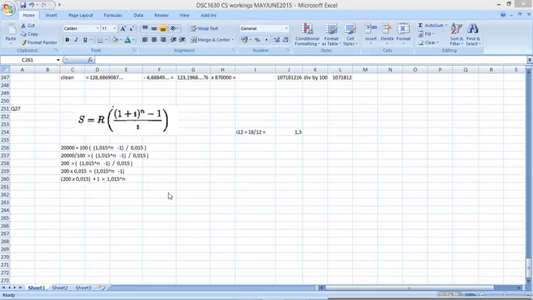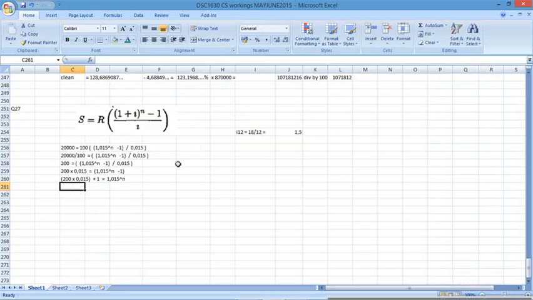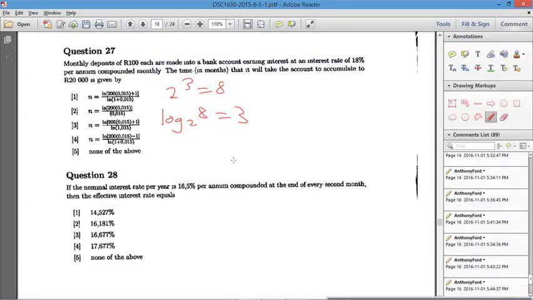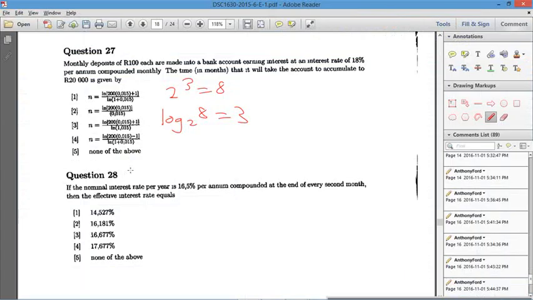Now remember I said in a previous video that you need to think of something simple. This is what I write down when I have a log or ln type question. I'm going to need that to determine what the exponent is equal to. So I have this equation with n. What is n? n is the exponent.